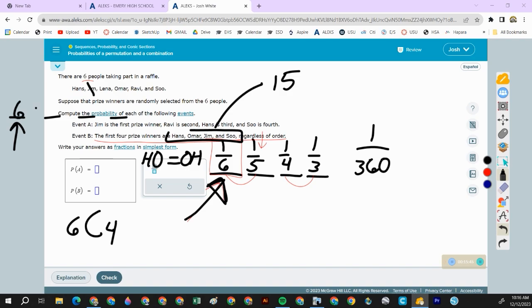And person number 2? Not 6. 5, 4, and 3. So that is 360. So there are 360 total ways to draw out 4 names, and 15 of them include those 4. So it would be 15 out of 360, and then you just simplify it.